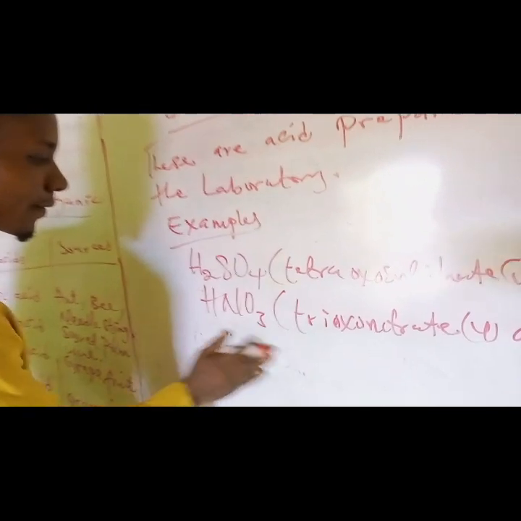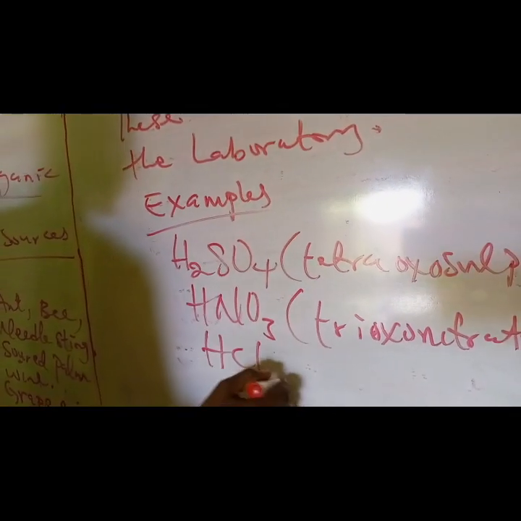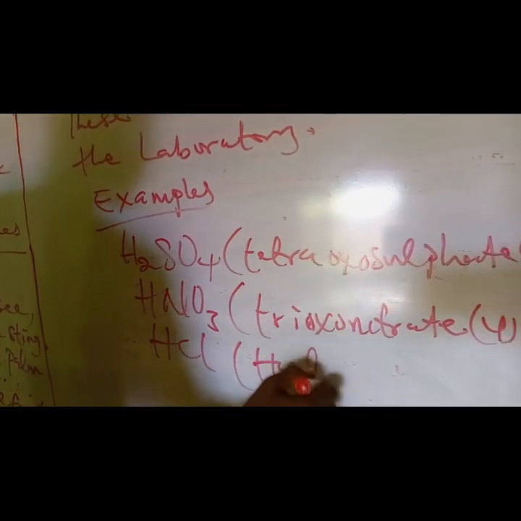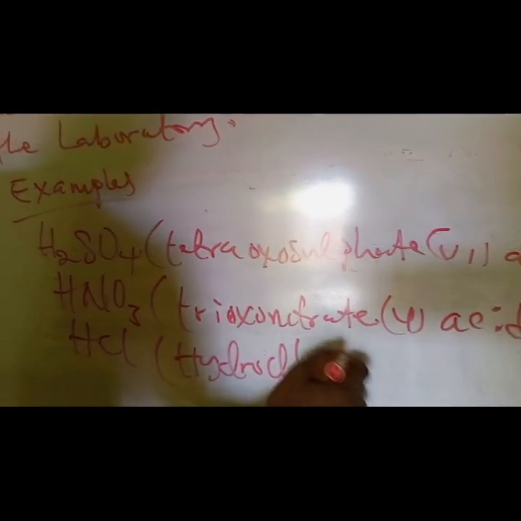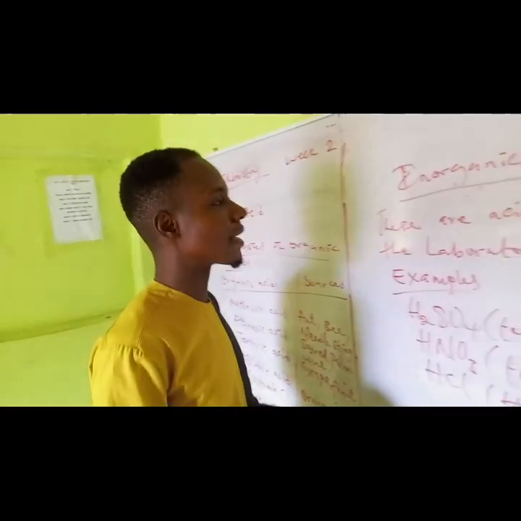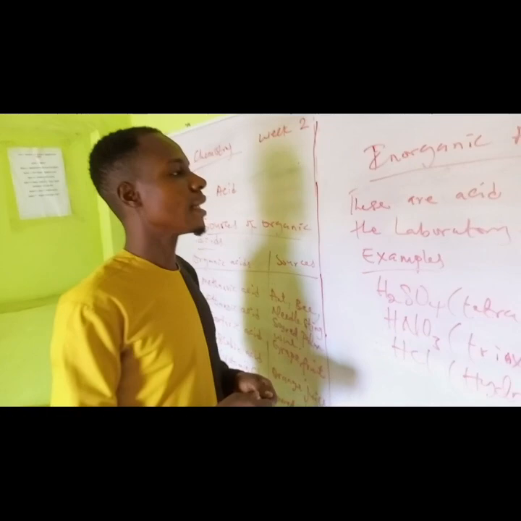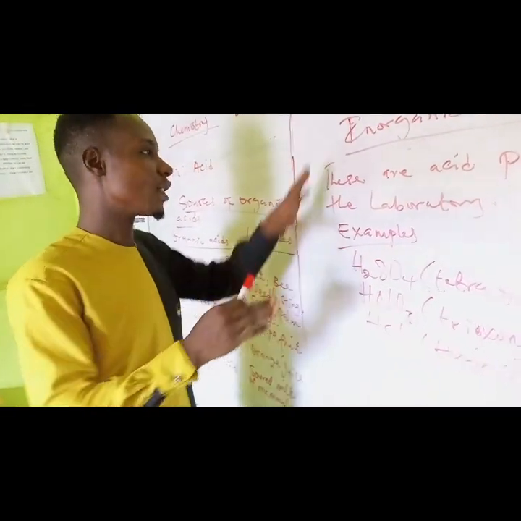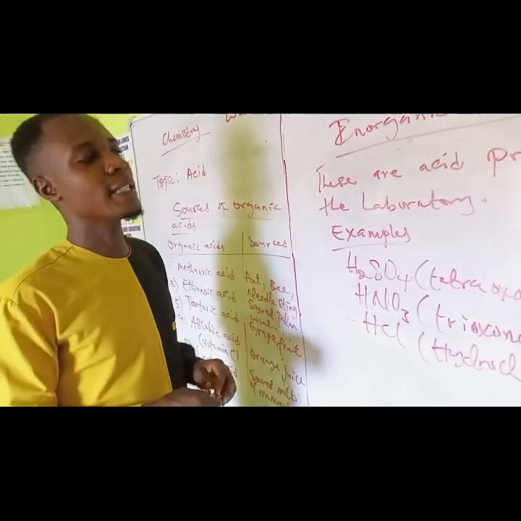Then we also have HCl, which is called hydrochloric acid. So these are the key examples of acids that we have as inorganic acids, or that we prepare in the laboratory.